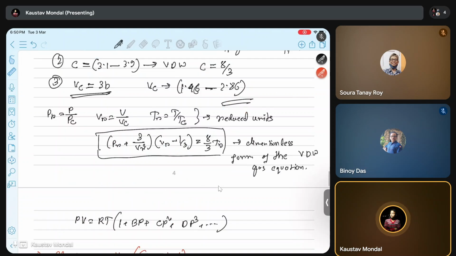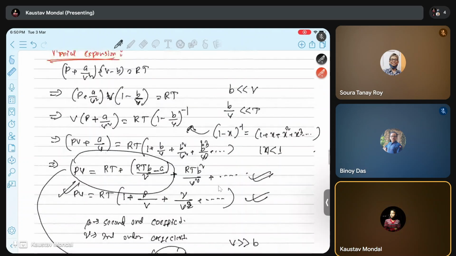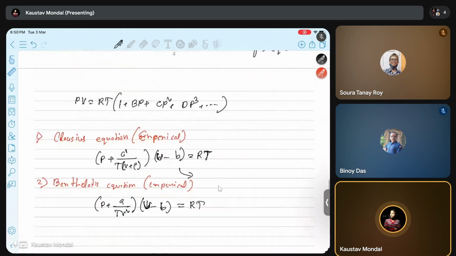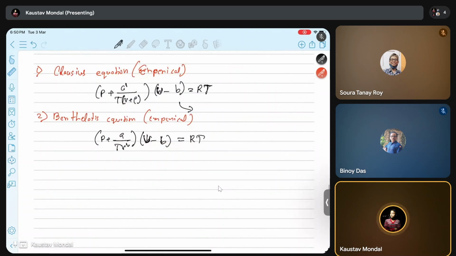As you can see, compared to the van der Waals equation, there is a temperature term T in the pressure correction term. There is an extra variable, temperature, also involved here. This is the Berthelot equation.